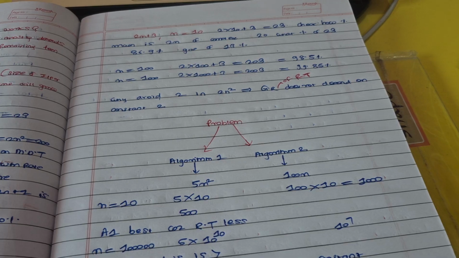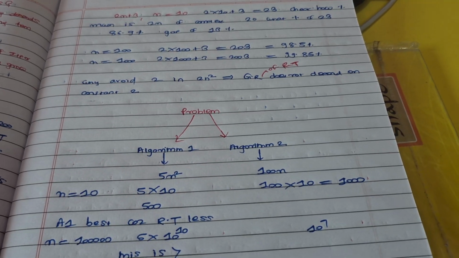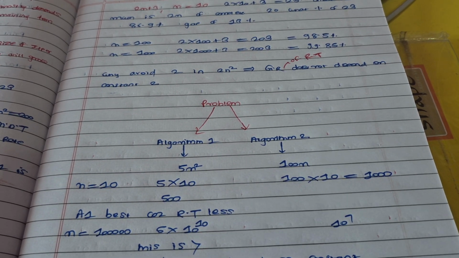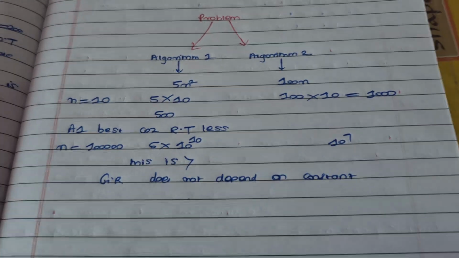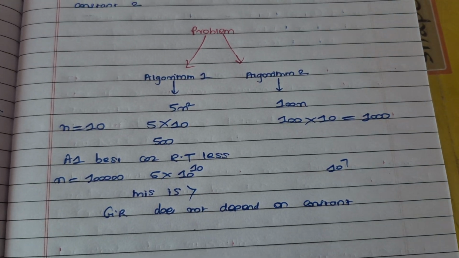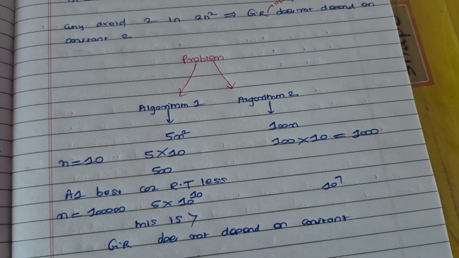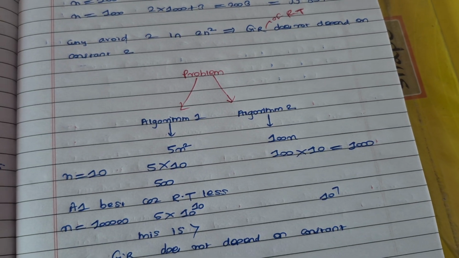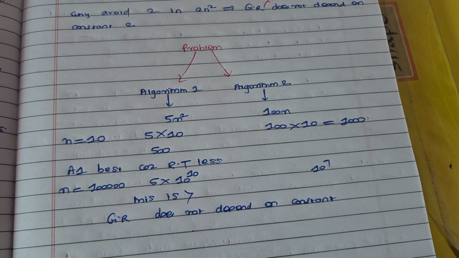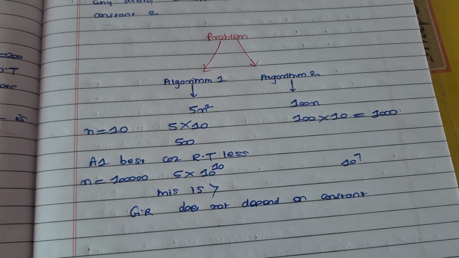Lastly, why we avoid 2, which is a constant in 2n square, because the growth rate of running time does not depend on the constant. And here is proof also: if we say n is 10 and put 500 in 5n square, you can see the 5 does not contribute anything.